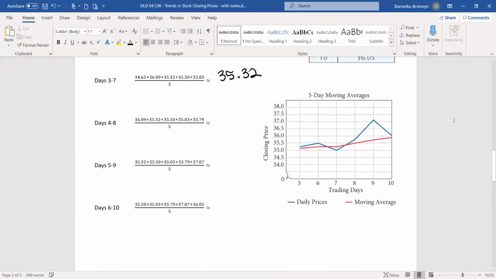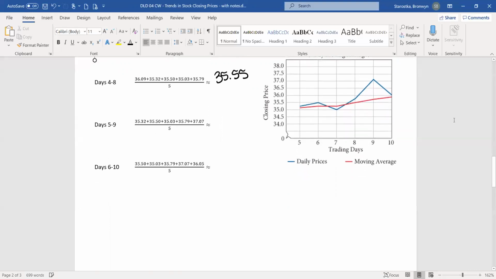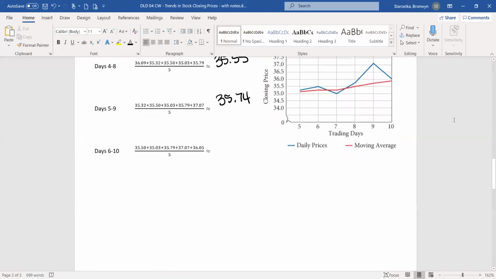Days 4 through 8, 35.55. 5 through 9, 35.74, and 6 through 10, 35.89.